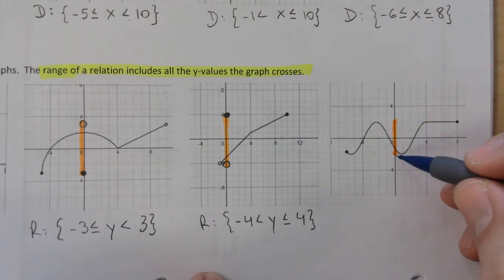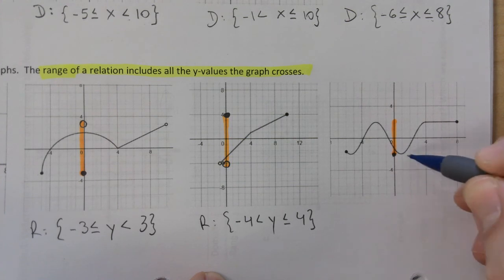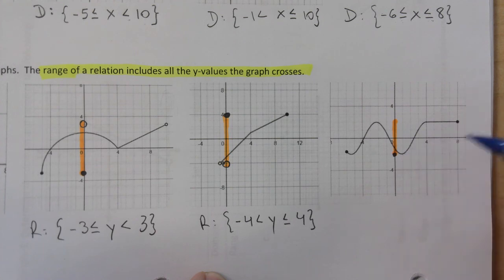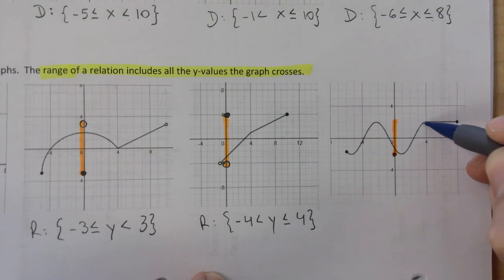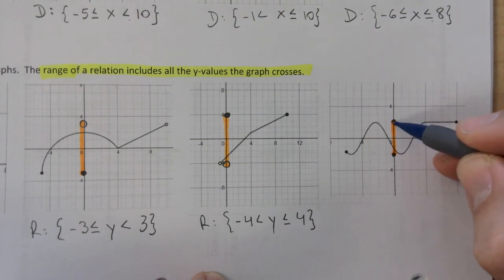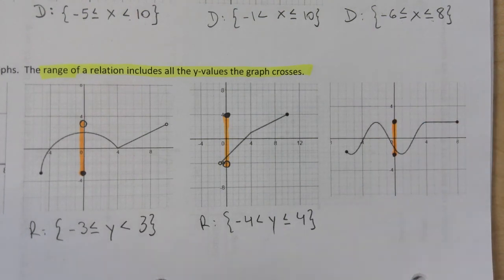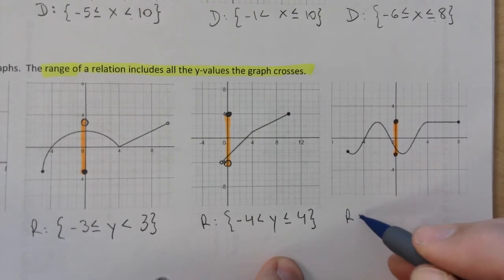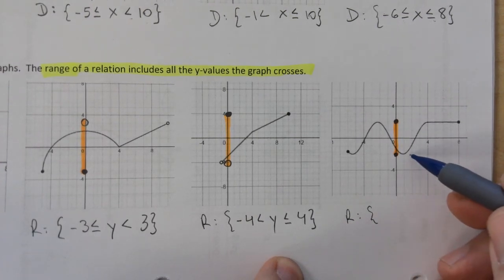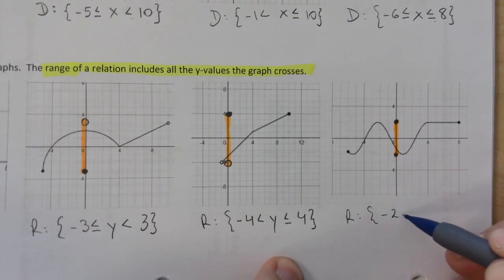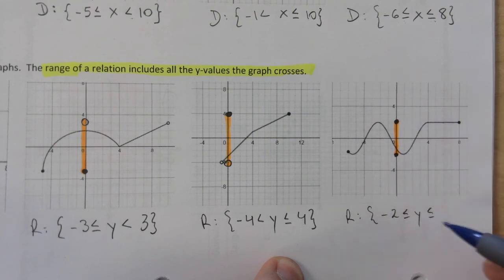So this is solid because this is solid here. Even though there isn't one big dot here, it is included. And then here we have a dot, and all along this is all solid anyway, so it's solid, solid. Okay, so the range would be from -2 to +2.